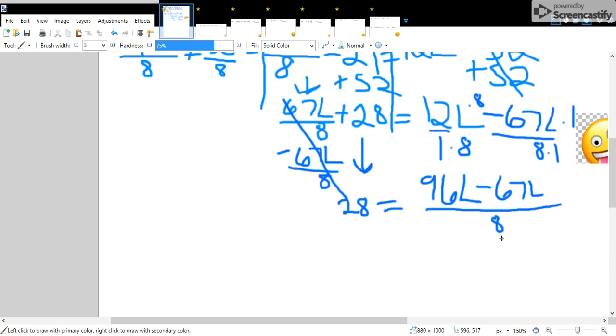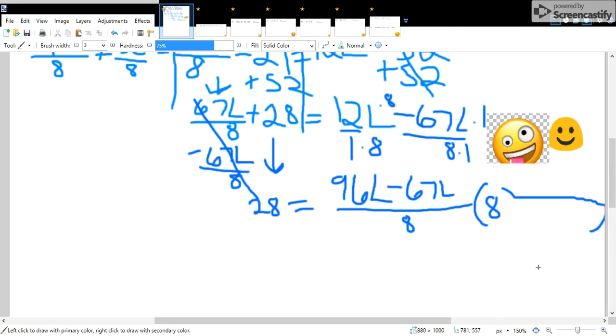Let's go ahead and get rid of this fraction. The opposite of dividing by 8 would be multiplying by 8. Eight divided by 8 is 1.